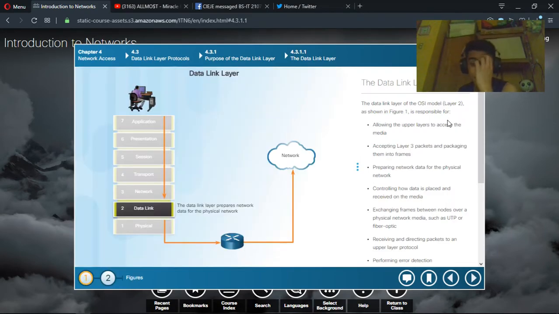Data link layer. The data link layer prepares network data for the physical network. It means it encapsulates all of the data that was encapsulated on the different layers and prepares it to be converted into binary and go through a media.